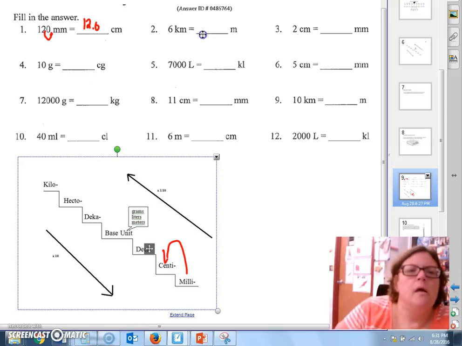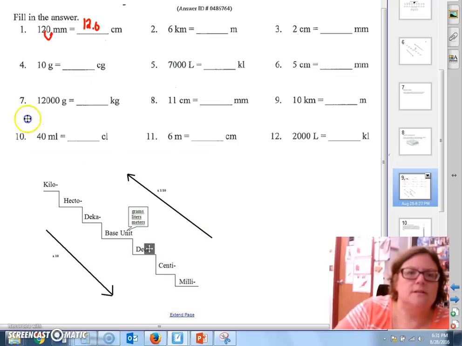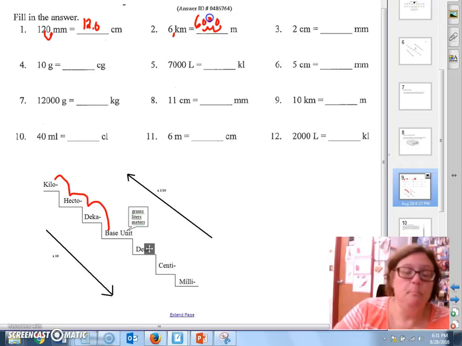Number 2, we're going to start with 6 kilometers and go to meters. 1, 2, 3. So I have to move 3 decimal places. I fill those with zeros. They're placeholders. I get 6,000 meters.